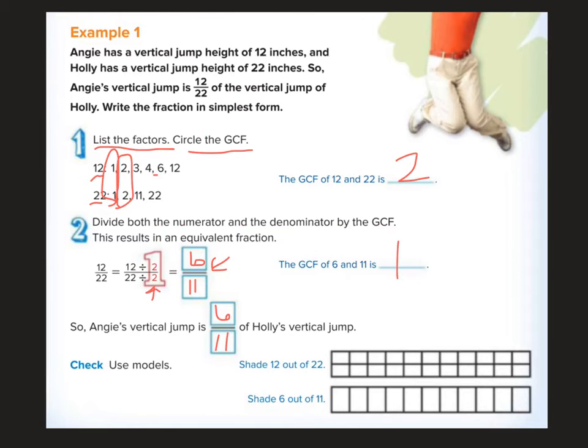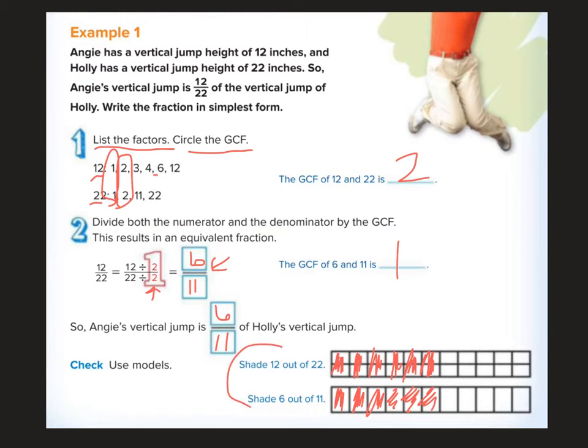Here it says shade 12 out of 22. So 2, 4, 6, 8, 10, 12. Shade 6 out of 11. 1, 2, 3, 4, 5, 6.